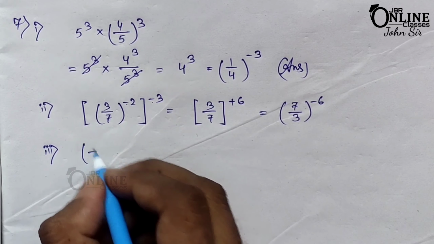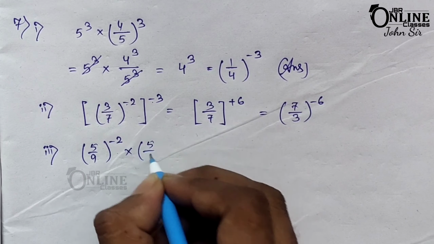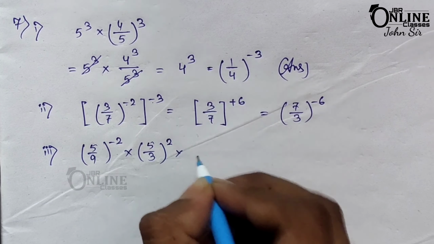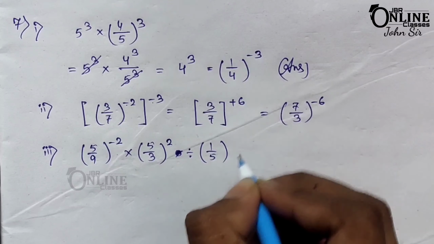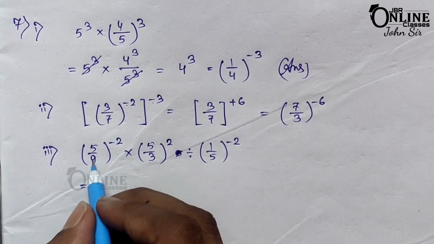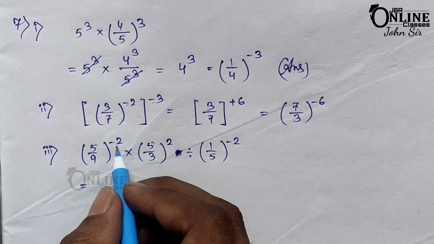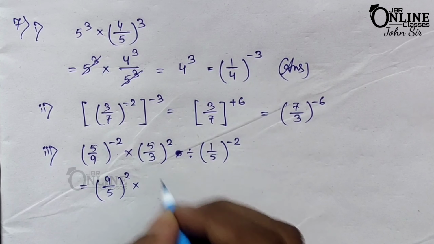Sum number 3. 5 by 9 whole to the power minus 2 into 5 by 3 whole square, and the next one is divided by 1 by 5 whole to the power minus 2. Okay, so 5 by 9 whole to the power minus 2 becomes 9 by 5 whole square.